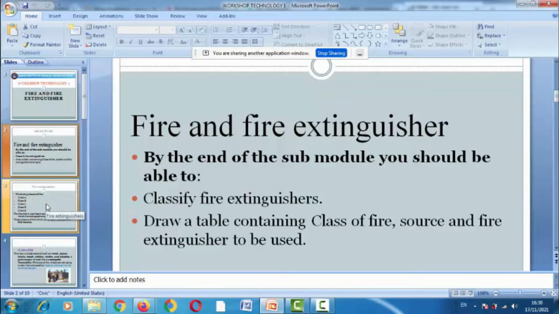So now it becomes a need to know the type of fire, the source of that fire, and thus the fire extinguisher.